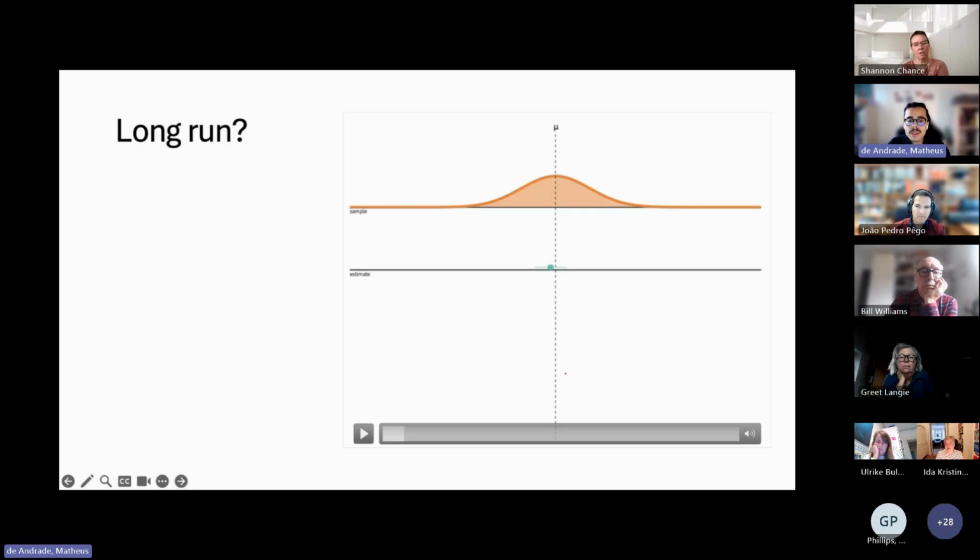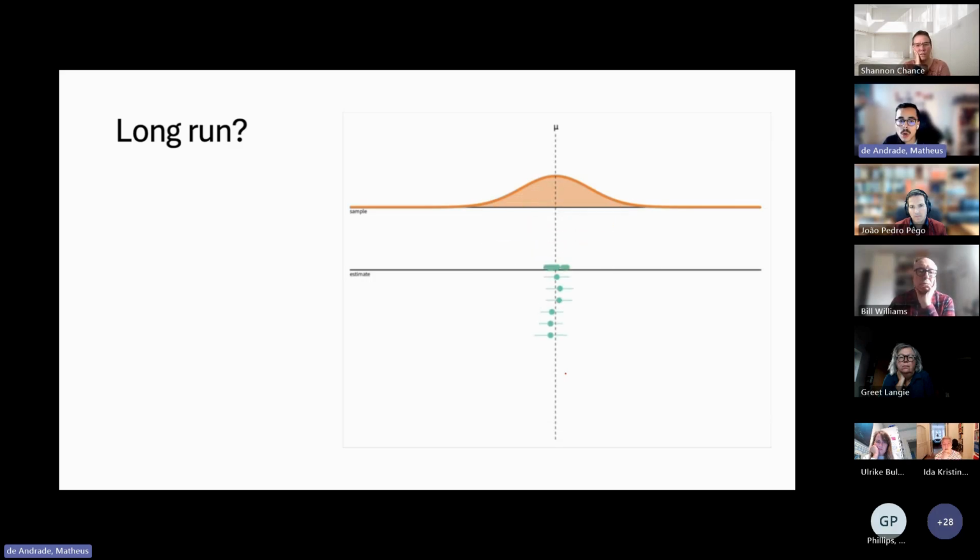What I mean by the long run is that this point here that we have is the result of one statistical study. But quantitative methods are built on the premise that we are going to be repeating those studies forever, or that we might make one study, but we want to have a long run confidence that our results are correct.